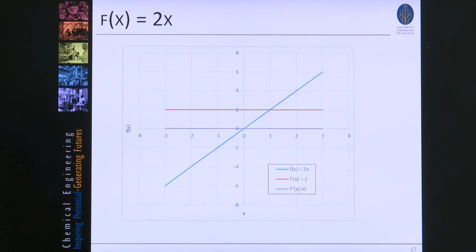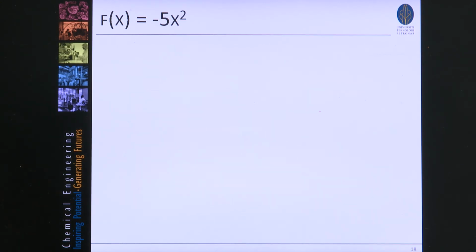If we plot them, we have the 6x line over here, and the first derivative is x equals 2, the second derivative is then 0. So there's nothing here, though. Since the second derivative is 0, there is no optimum point. As you can see, there's no optimum point. Depending on the x, it can be minus infinity or plus infinity.